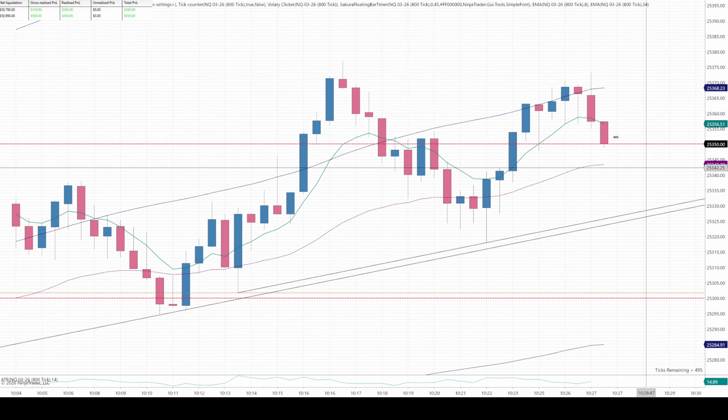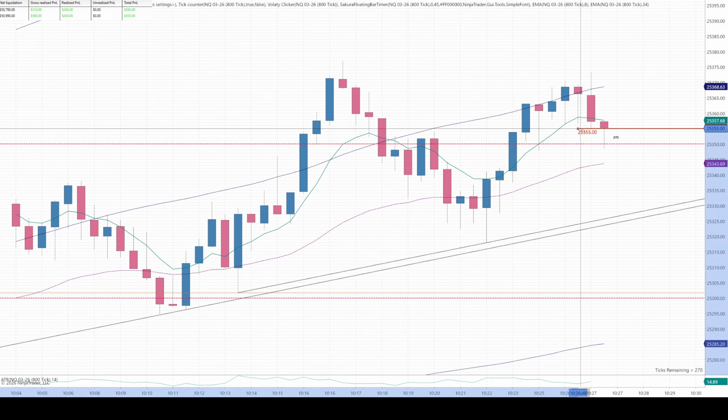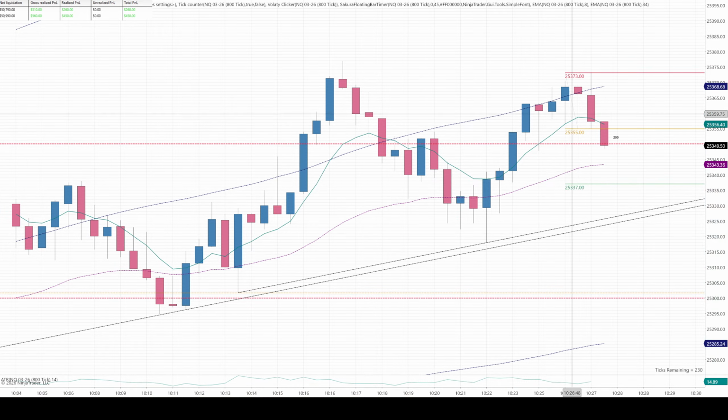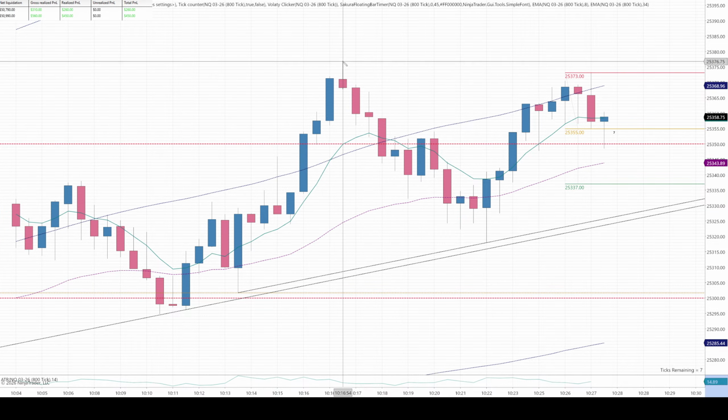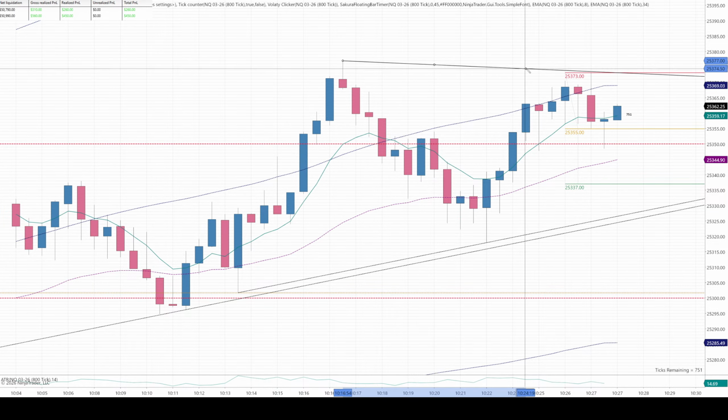So now we have a bearish signal here, but we have a ton of support underneath us, so I'm not looking to take any sort of setup here either. But notice this big wick here is a lower high, so we are going to draw this trend line here.